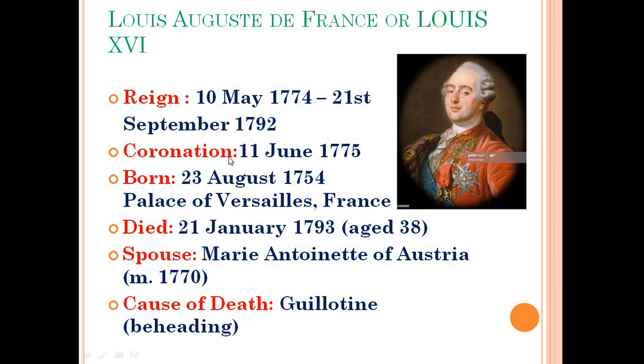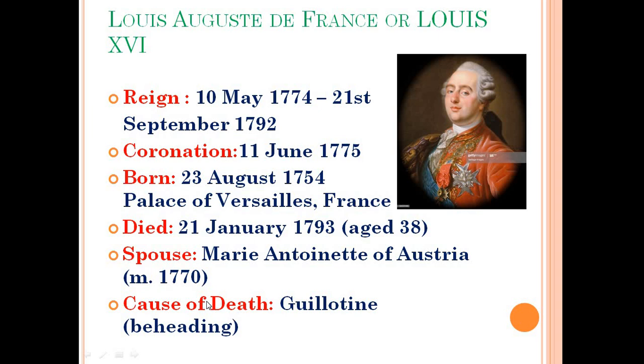He became king on 11th of June 1775. He was born in 1754 and died in 1793. He was married to Marie Antoinette of Austria.